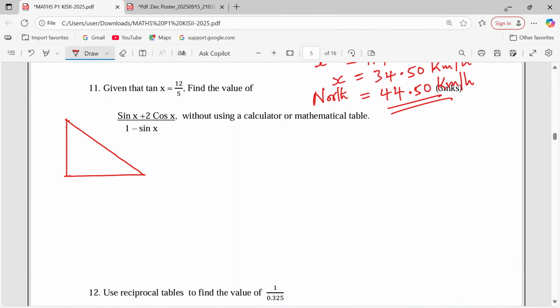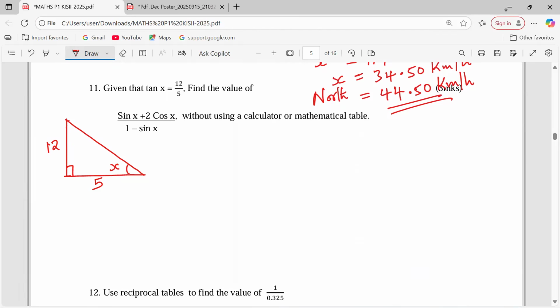So we assume that our x is a point at this point. When we talk about tangent, it means if the right angle is here, tangent is given by opposite length over adjacent length. The opposite length is 12, then the adjacent one is 5.